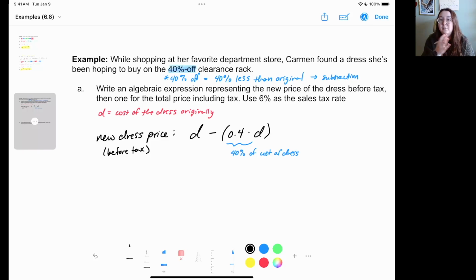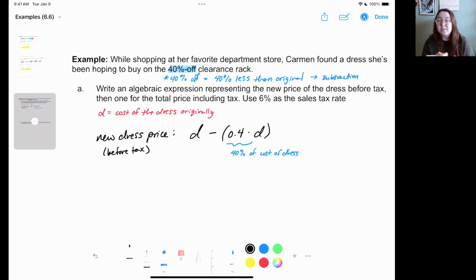That would make it 40% off to include that subtraction value of the off portion. So our new dress price would be the original price minus 40% of the cost. Now, in addition, you could have in the beginning, if you knew it was 40% less than the original, that really means that there is 60% left.